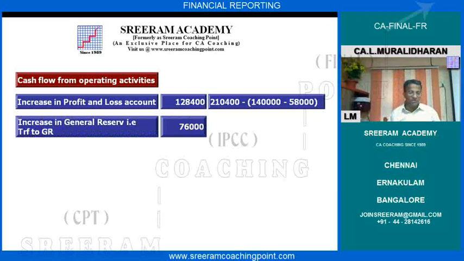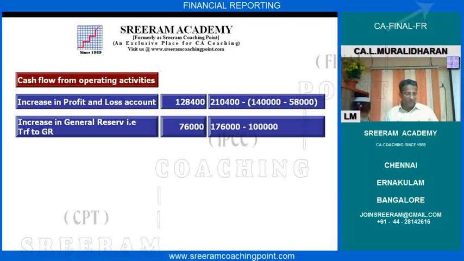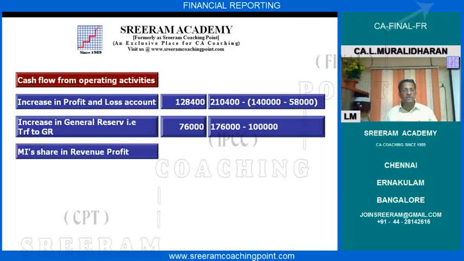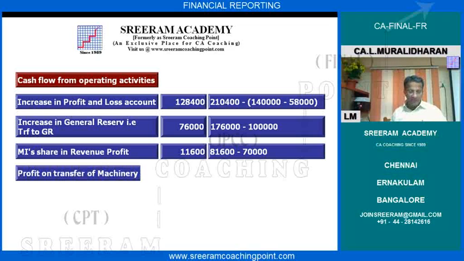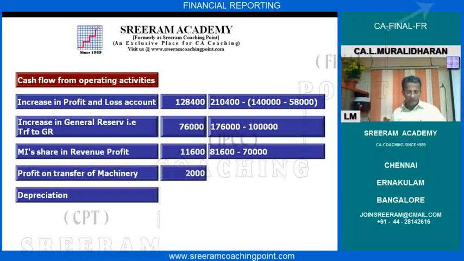Increase in general reserve that got transferred from profit and loss account, 76,000 rupees. This is on account of the parent transferring it to general reserve, and the subsidiary also transferring it to general reserve, related to the parent's interest. Minority interest share increase 11,600, as we are giving the explanation of how the changes were taken care of. Profit on transfer, depreciation 95,000, and the total comes to 3,13,000.